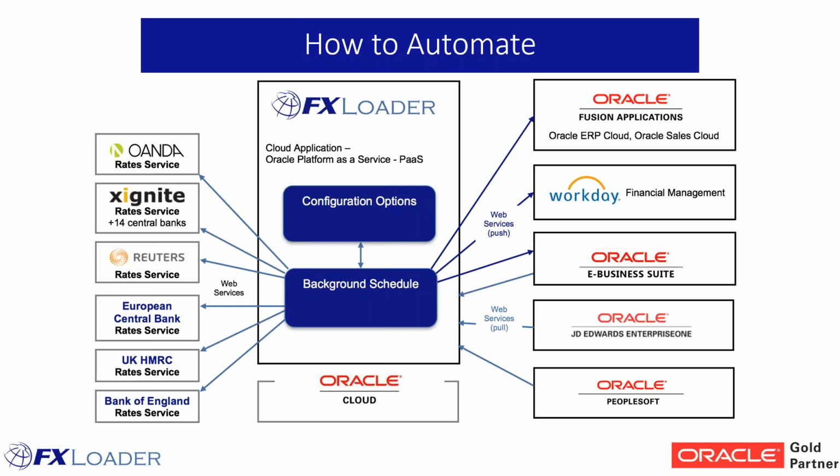And as you can see, we sometimes push the rates to your ERP and sometimes the rates are pulled, and it depends on which ERP you're running. In the case of eBusiness Suite, we actually offer both. So the pull scenario is probably more common because most EBS instances are behind some sort of firewall. So you pull the rates in from our cloud platform after it's already got the rates and done the processing you need. But you have the push option as well.